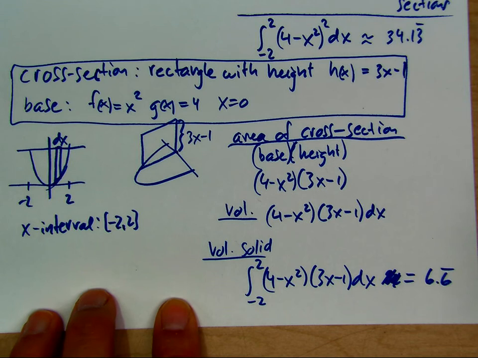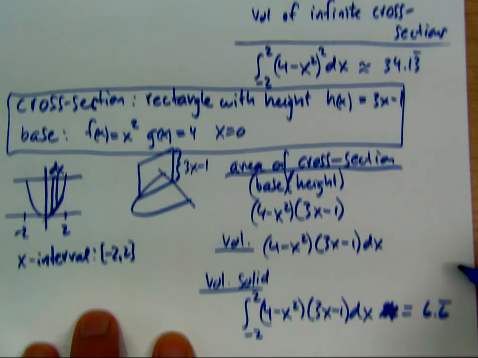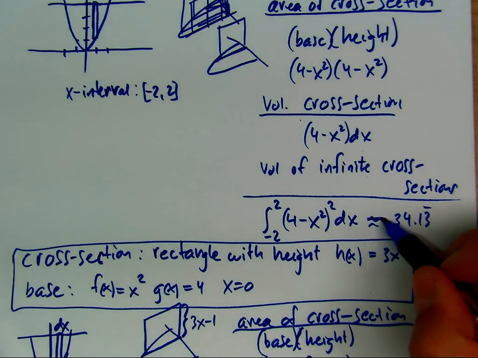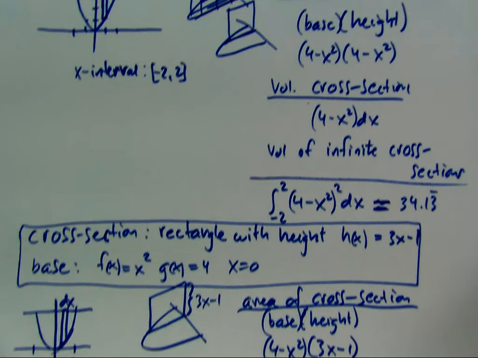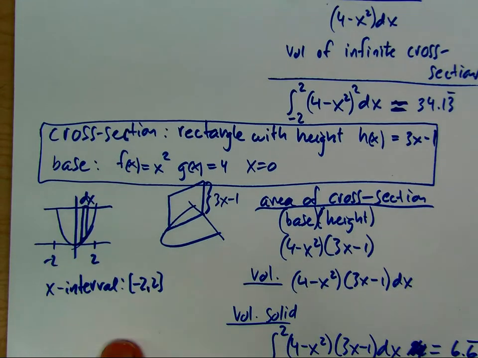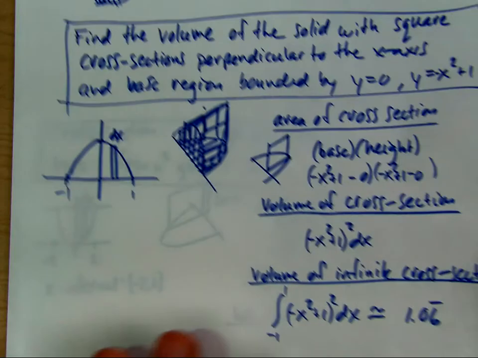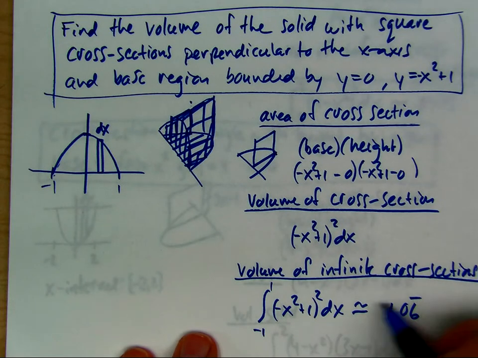And since I put that bar on it, it should be just equal, not approximate.